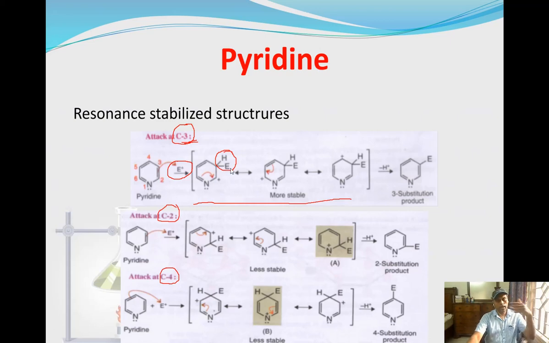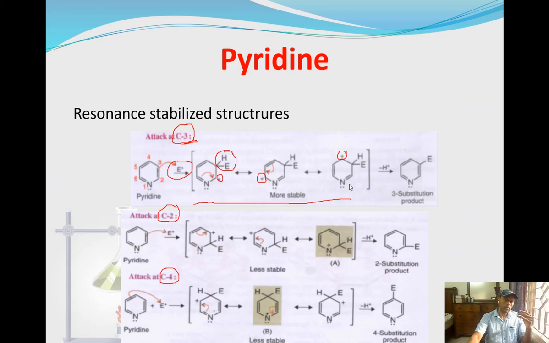The electrophile attachment bond needs 2 electrons for its formation, so the electrons from here are going to shift here. That's why there will be a positive charge over here. Like this, you have to consider shifting the electrons, and for C3 attack you are going to get one positive charge here, one more here, and one more over here. So you're going to get 3 different resonance structures.